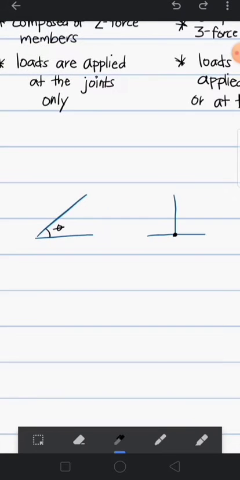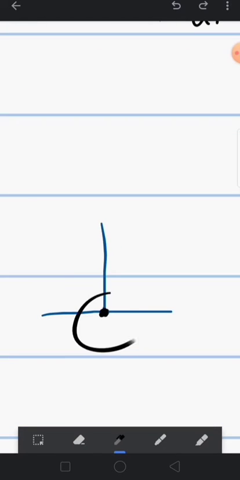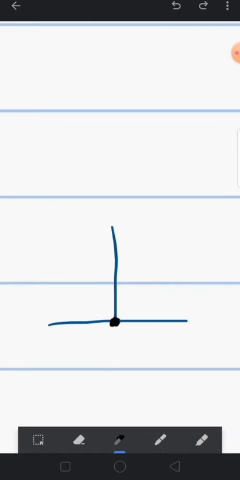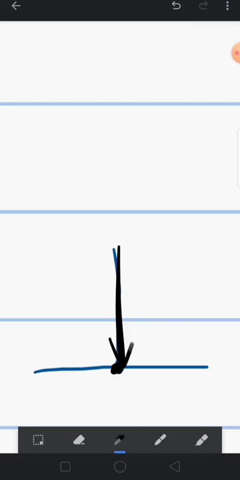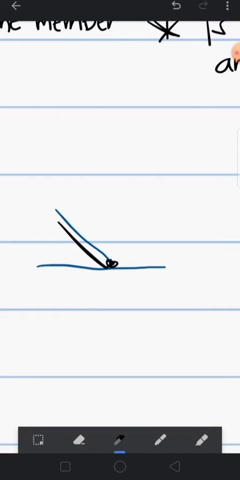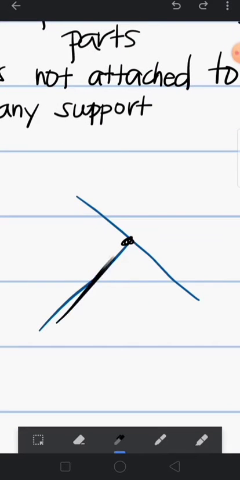Then the second case is if three members on a joint, two of them form a line, linear, and then there's a third member, like in this case, linear and then a third.